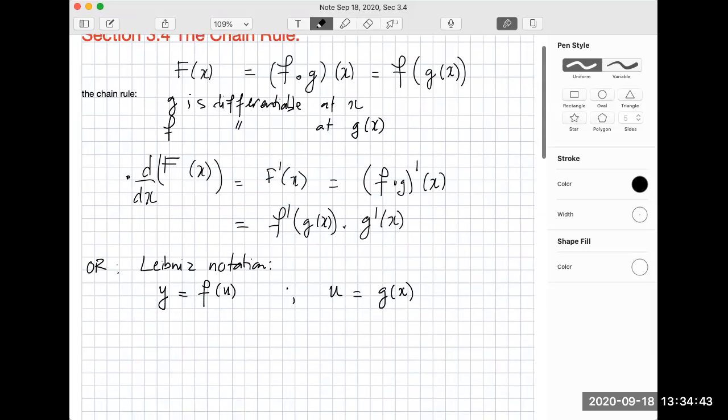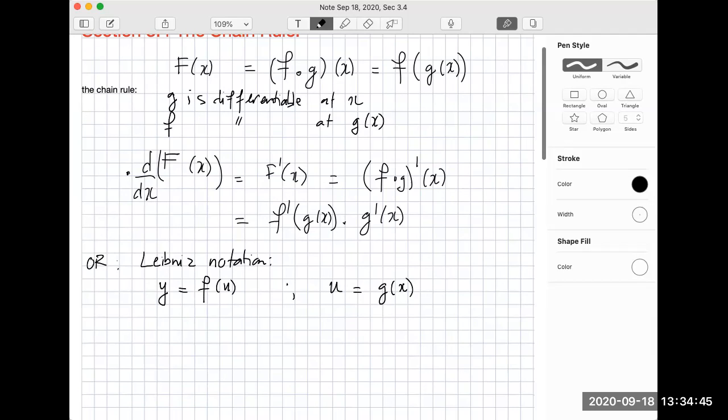Another way to write it. Then y would be f of u, and u, we know that it is g of x. Or it is f composite g applied to x. They're the same thing.